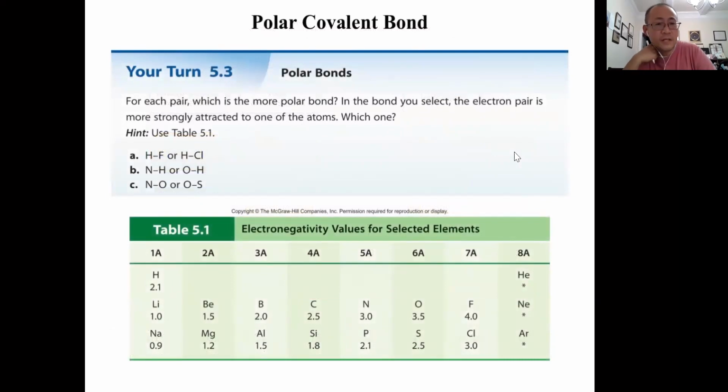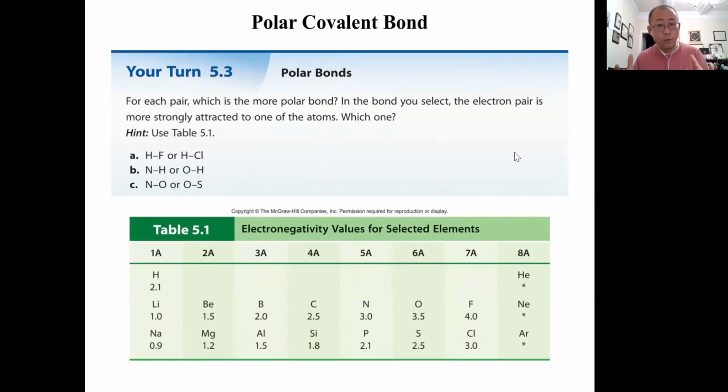Now, this is a chart asking a simple, quick question. It asks you to compare the bond given in each option, and decide which one is more polar and which one is less polar. Remember we said earlier, a polar bond means two atoms share electrons unequally.